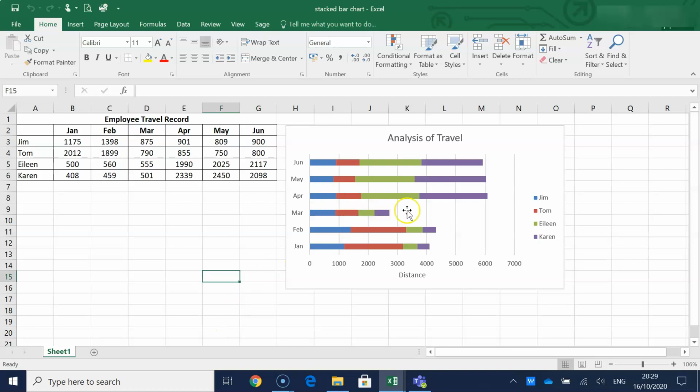So we can see the total monthly travel for April, and within that we can see that Karen had the most travel and Jim didn't have that much. So from the chart in figure 4.6, we quickly see that Karen accounted for a small portion of the total travel in January, February and March, but accounted for a much higher portion in April, May and June.